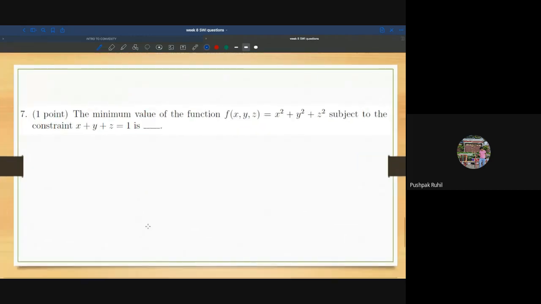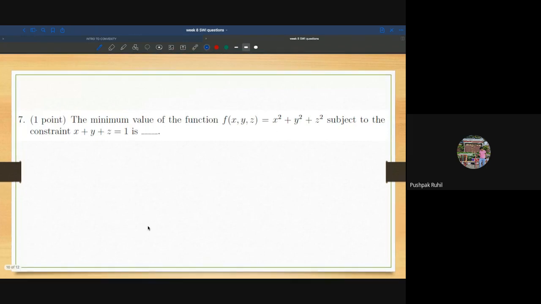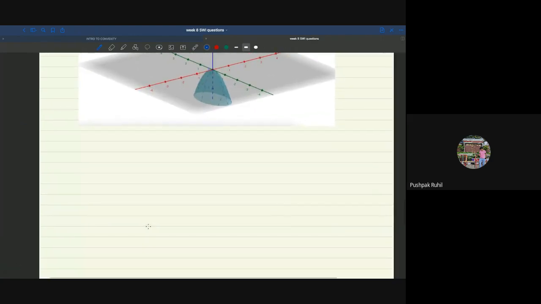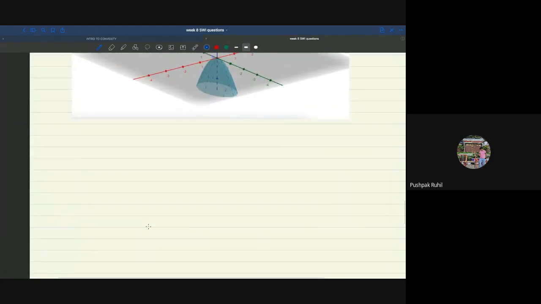Okay, so let's have a look at this next question. Before that, I was going to tell you the other methods to check whether a function is convex or not.